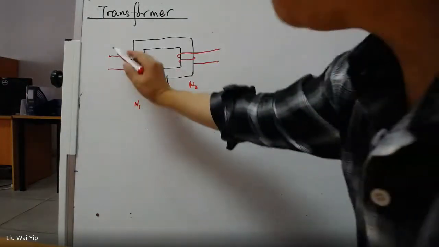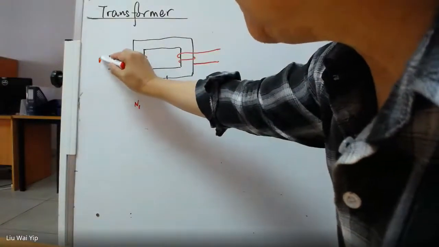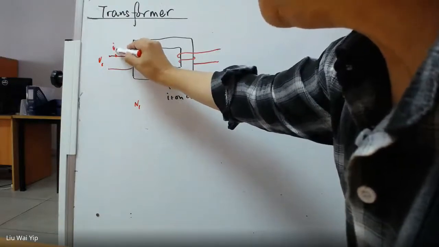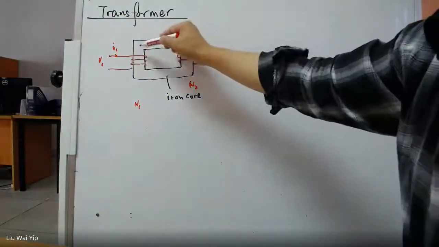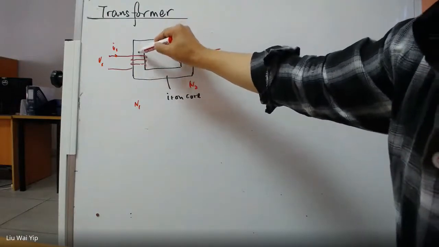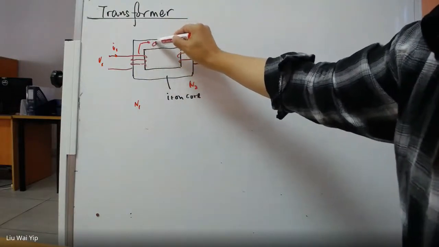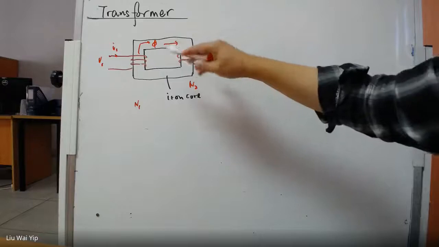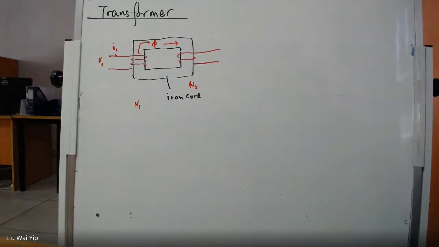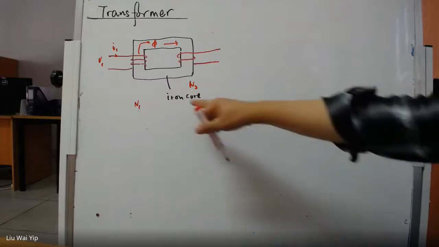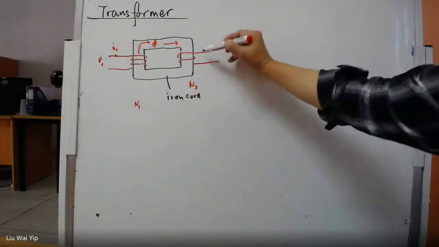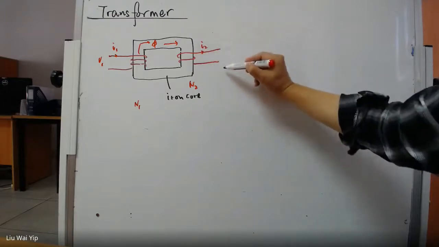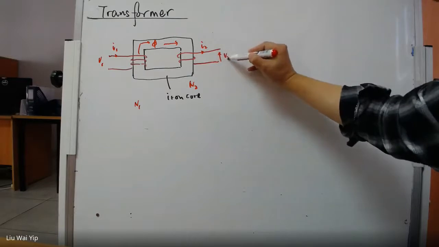Now, the voltage here and the current here will give rise to a magnetic flux. And this magnetic flux is going to be circulated around the iron core. Likewise, you also have a current and voltage at the secondary as well.